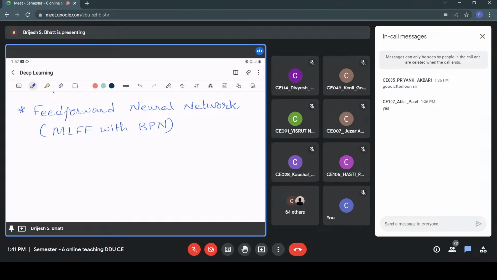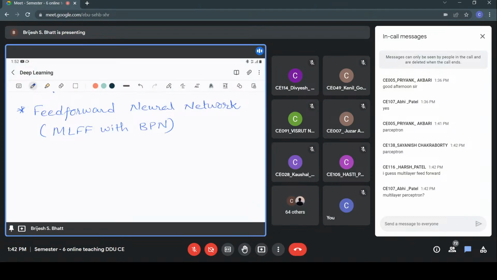Who would answer this? Priyank says perceptron. Okay, yes, it is perceptron. So neural networks, for which the basic unit is a single neuron, are modeled after the perceptron. Someone says, I guess, multi-layered feed-forward network. Yes, multi-layered feed-forward network.